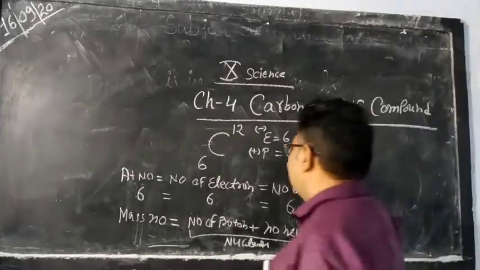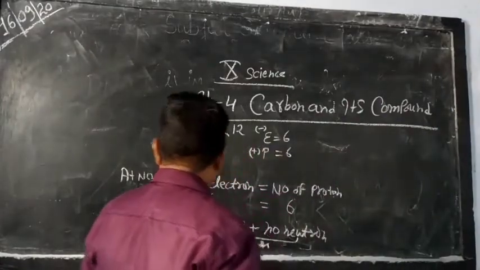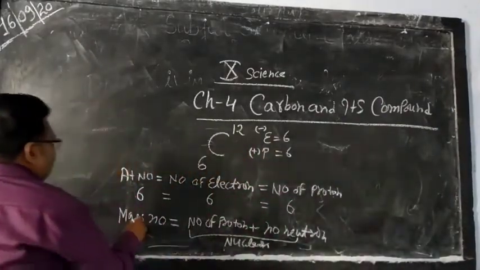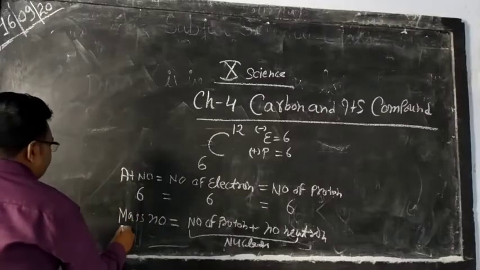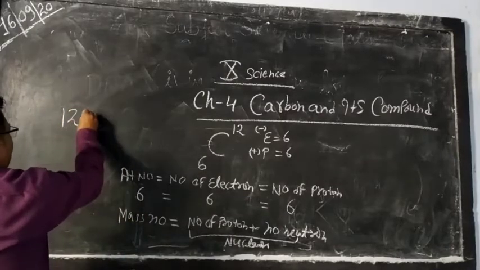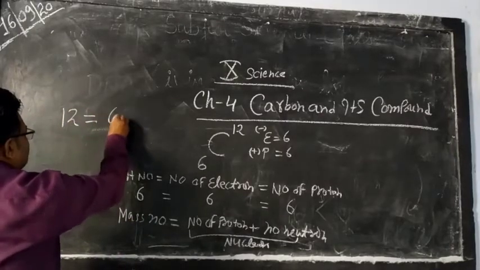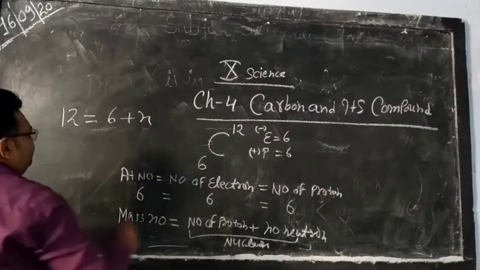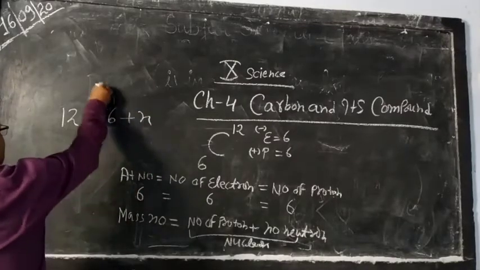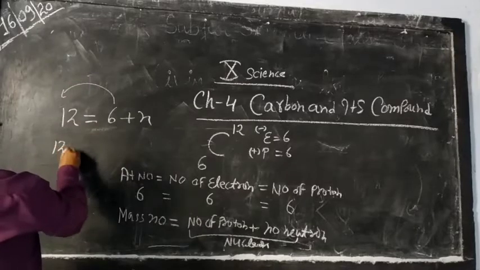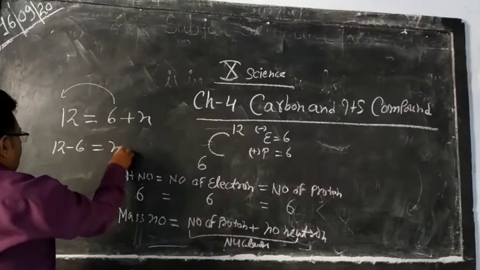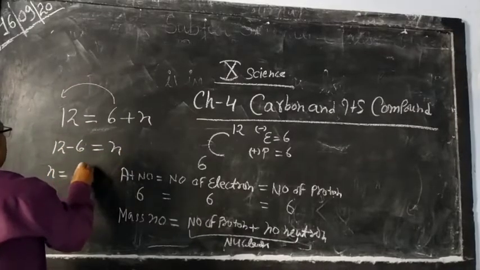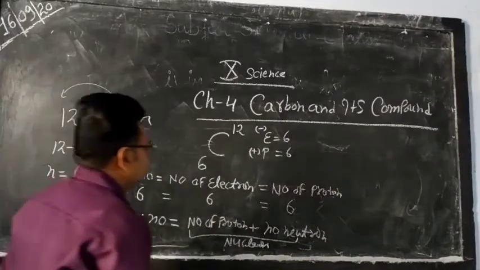So we have to calculate the number of neutrons. You know that its mass number is 12 and the number of protons is 6. Then to find the number of neutrons, plus 6 transfers to the other side as minus. Then the number of neutrons n is equal to 12 minus 6, which is equal to 6.